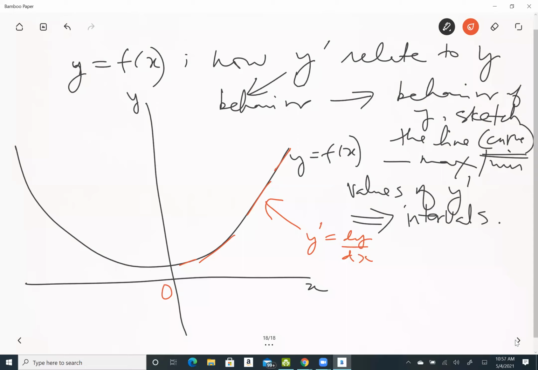Or what can you say about the derivative? Okay, I draw the graph. I draw the straight line there. What can you say about the derivative where I draw in red? What is the characteristic of that derivative or the slope at those points?